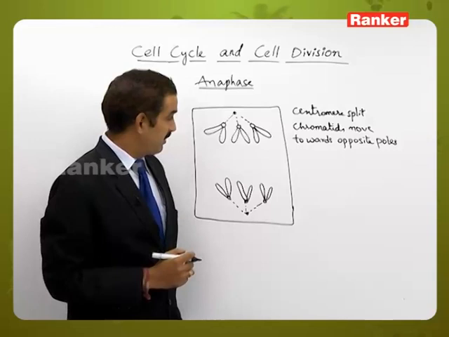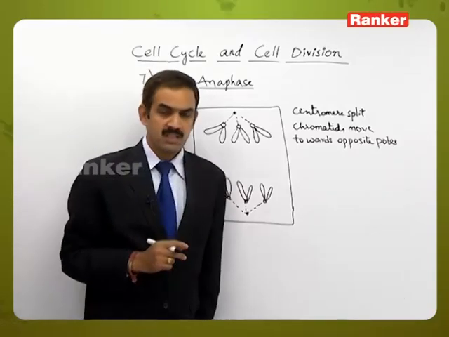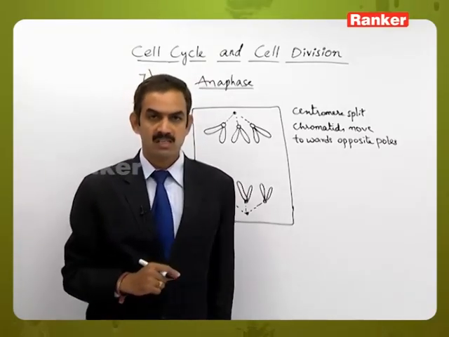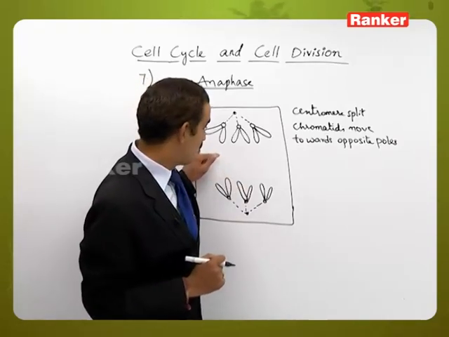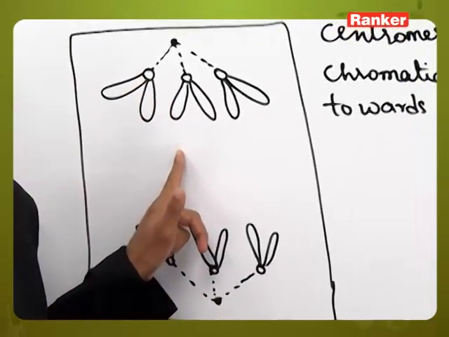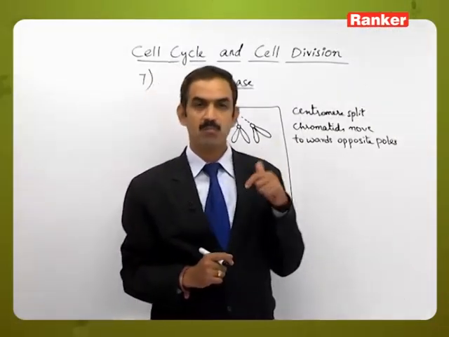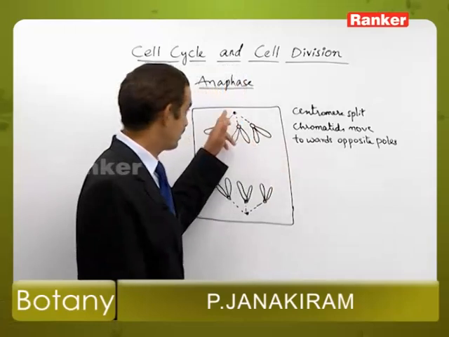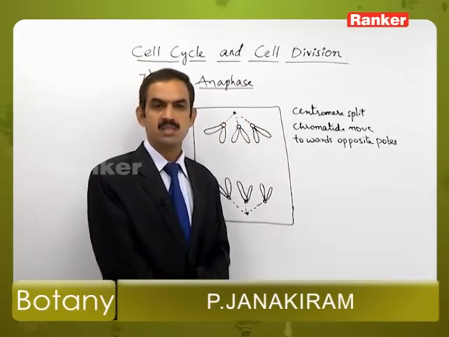From the given options, one option says the chromatids will move towards the equator. Equator means the center of the cell, but the chromatids which have been separated are not moving towards the equator, but towards the opposite poles.